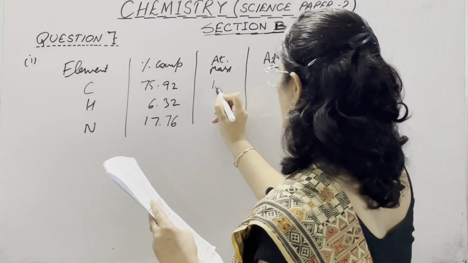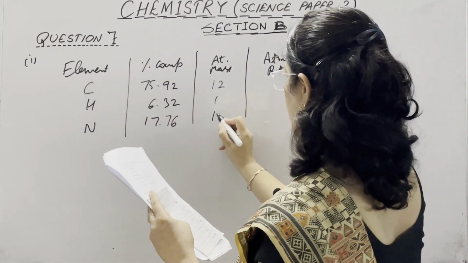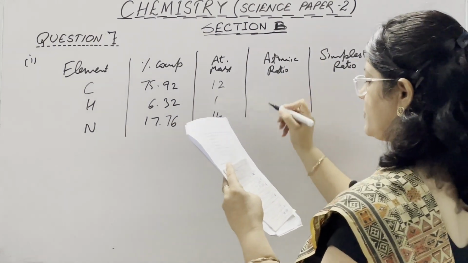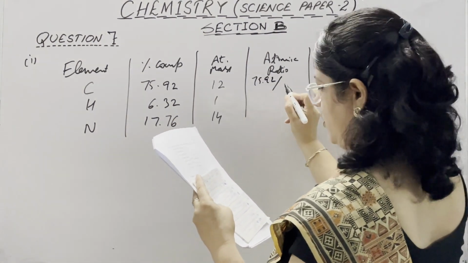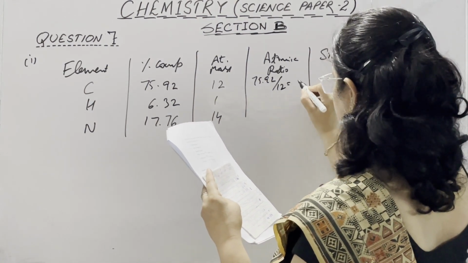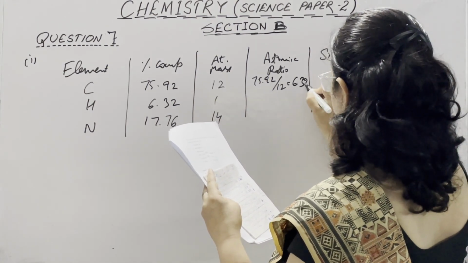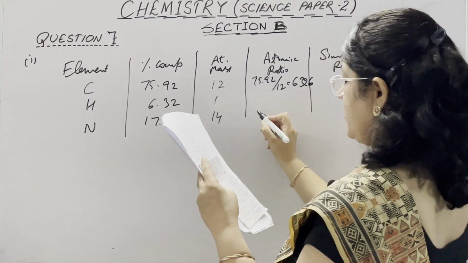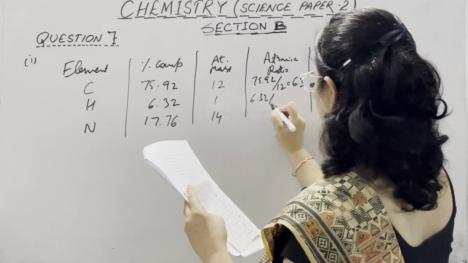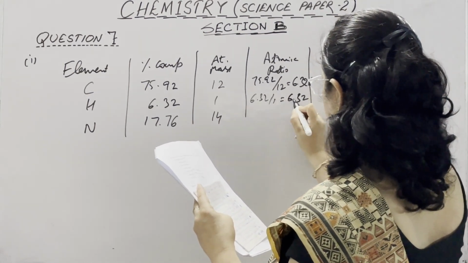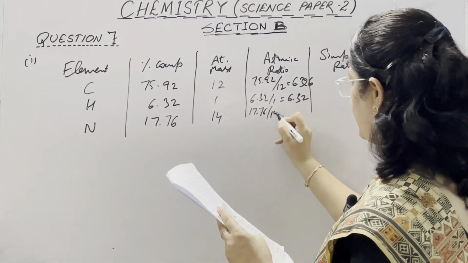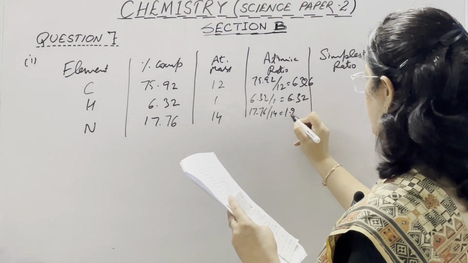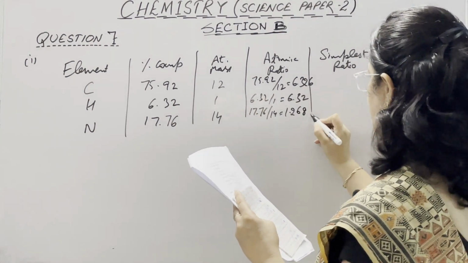Atomic mass we know: carbon 12, hydrogen 1 and nitrogen 14. So atomic ratio is 75.92 divided by 12, which is 6.326. 6.32 divided by 1 is 6.32. Third, 17.76 divided by 14 gives 1.268.